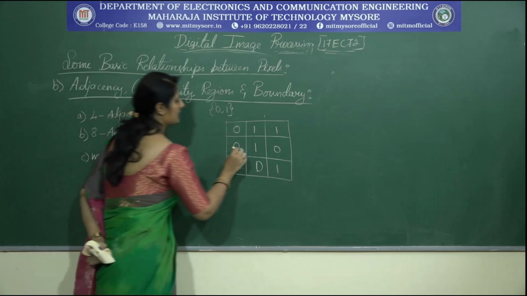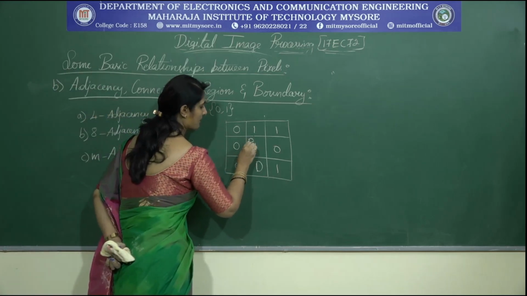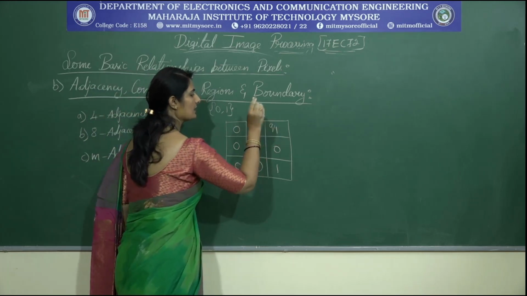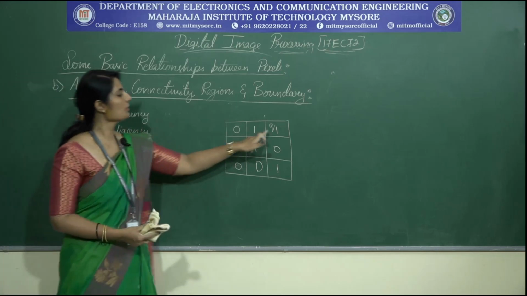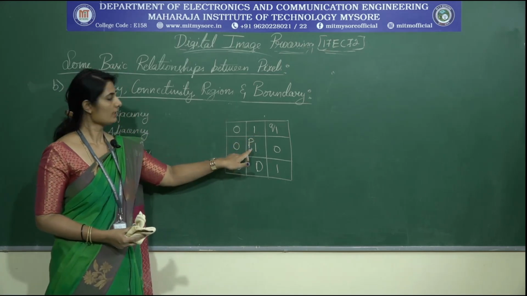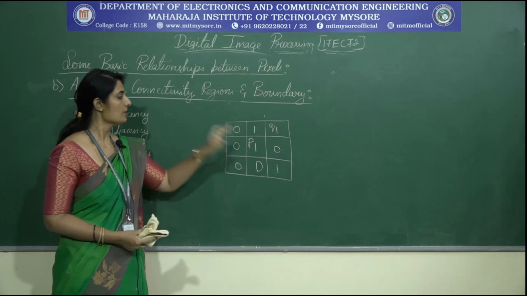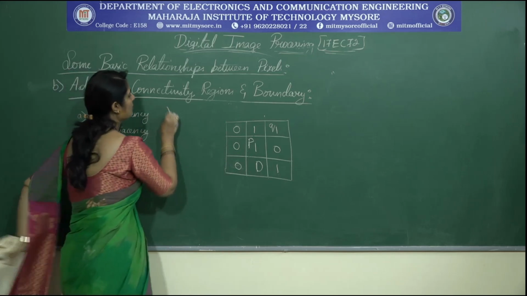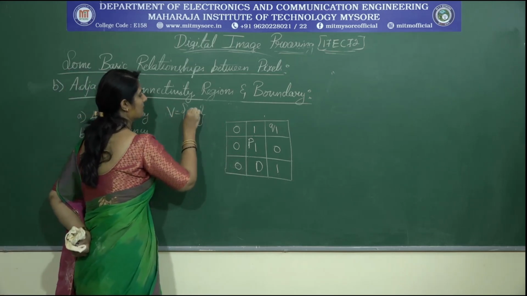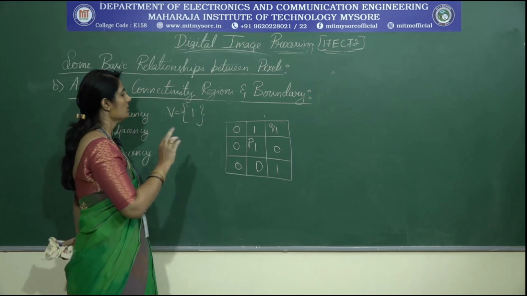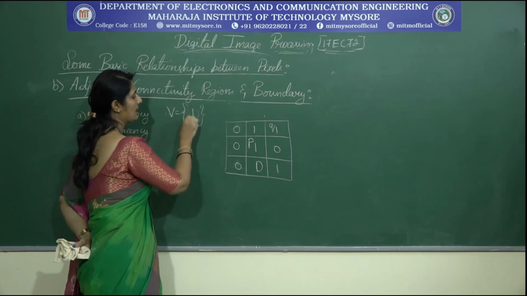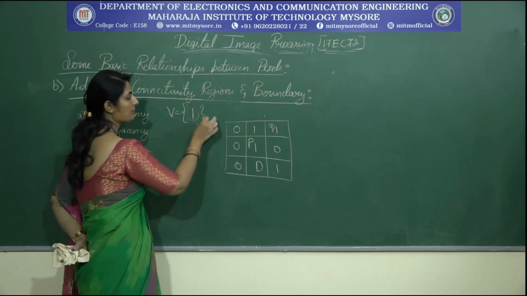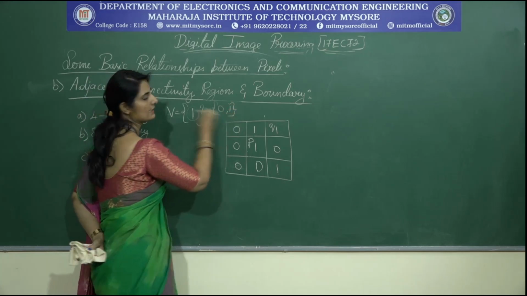So, let me consider the pixel P, and if I consider another pixel Q, to say that Q is adjacent to P, first thing is that there are two conditions. First condition is that Q and P should be having the same value which is in the subset of V. So, the P and Q should be having the same value, and here in this case V is equal to 1. Since it is a binary image which has only the two intensity levels.